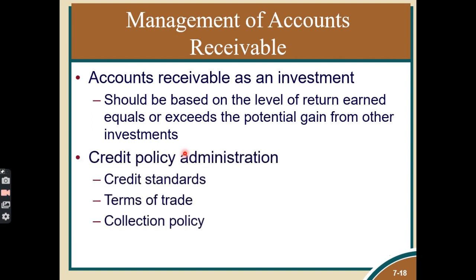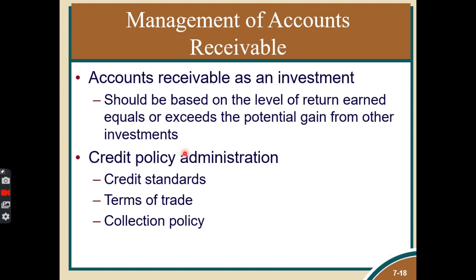In order for you to manage your accounts receivable, you need to, number one, establish credit standards in order for you to extend credit only to customers that have a good credit standing or a good credit rating.